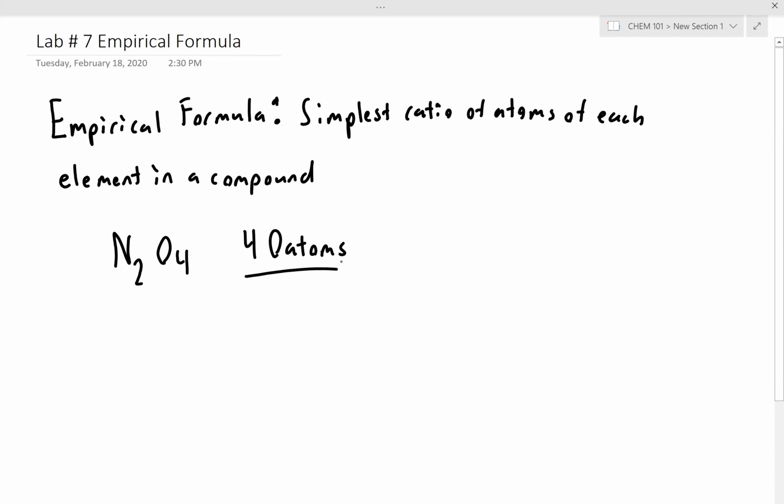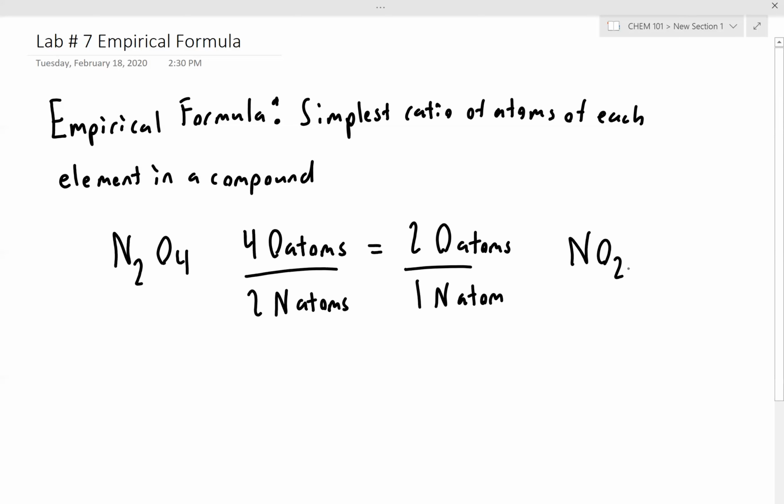And how many nitrogen atoms? 2. So 4 oxygen atoms to 2 nitrogen atoms. This 4:2 ratio can be simplified, right? There's a simpler ratio of atoms of each element. This simplifies to 2 oxygen atoms per every 1 nitrogen atom. So our empirical formula would be NO2.